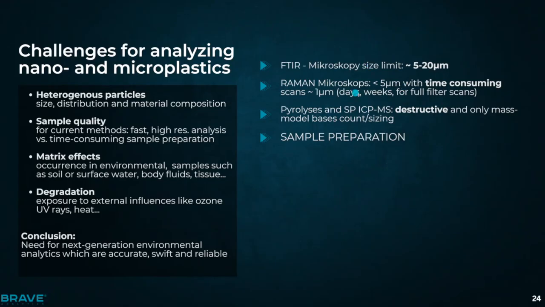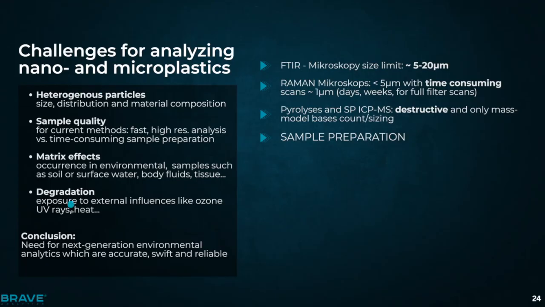With Raman microscopy, for example, they can have lower results, but they struggle going beyond this 5 micrometer with their time scaling, because it really takes days or weeks to have this resolution in size and in identifying, for example, a microscopic filter to get down to this kind of sizing. And there are other technologies out there which are unfortunately not optical anymore, so that you lose the information of the particle count because it's destructive, and you get mass information, and via this you basically estimate the count or the sizing. So the sizing is not really available on a single particle basis anymore.